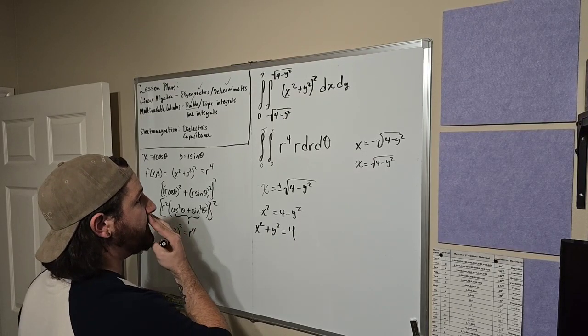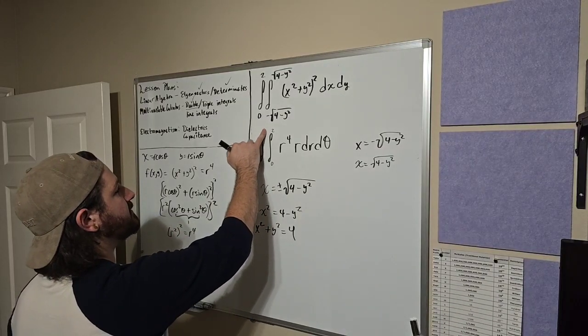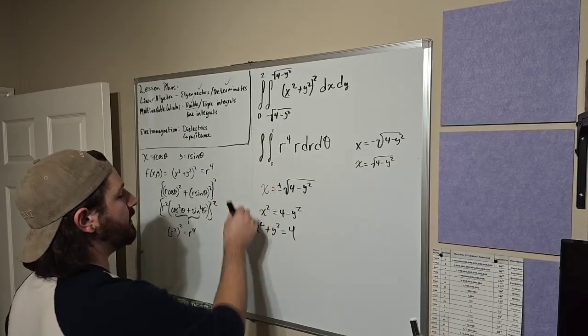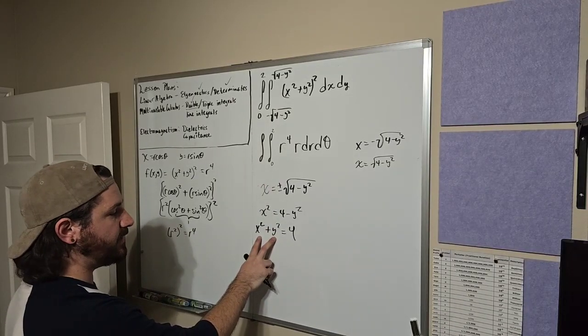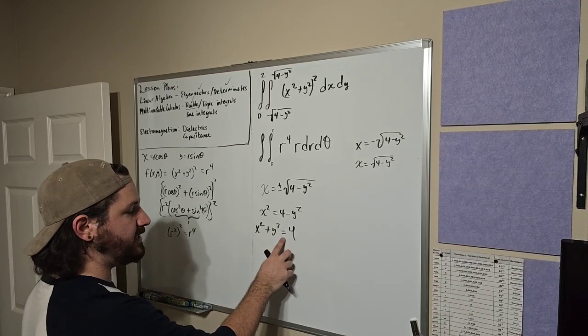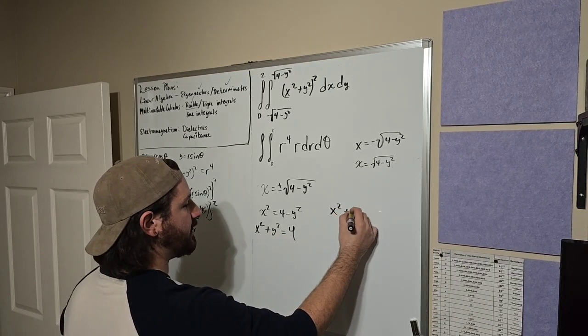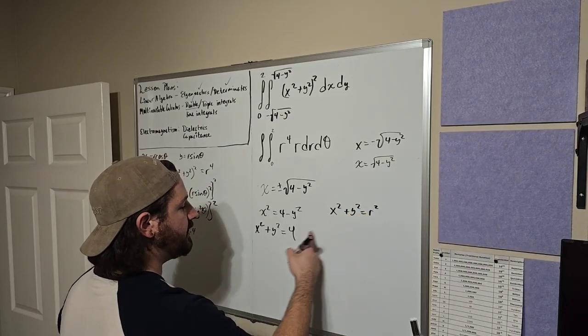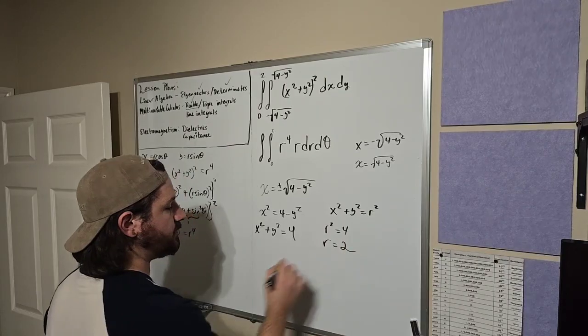Okay, so in this case, I'm going to erase these bounds because I'm not sure if they're right. This is the equation of a circle. X squared plus y squared is always the equation of a circle, and it's equal to the radius squared. So I'm going to write that down. X squared plus y squared is equal to r squared. In this case, r squared equals 4, so r equals 2.